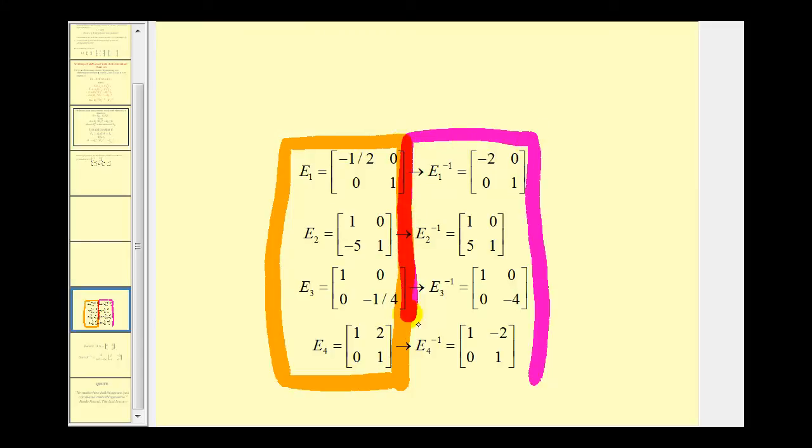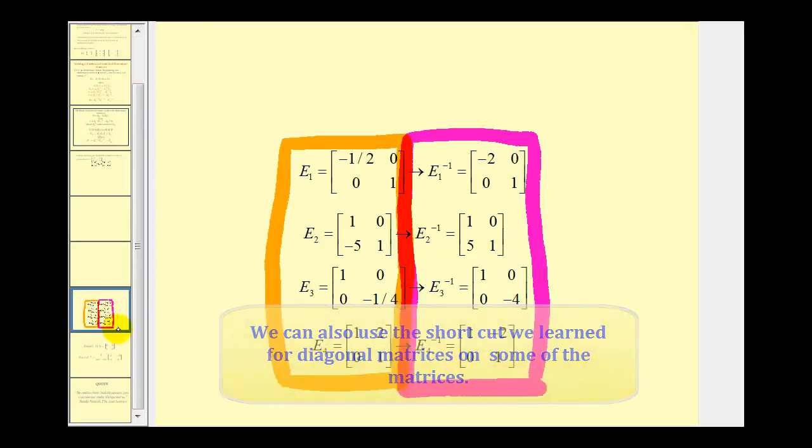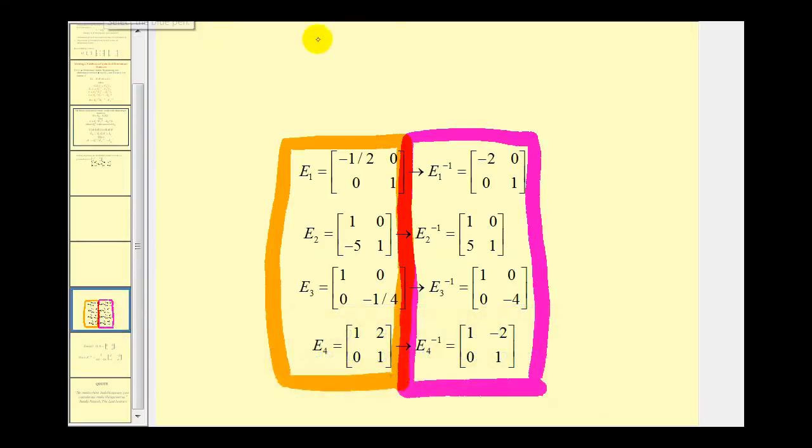And since the given matrices were 2 by 2 matrices, remember, we can use this shortcut here to determine the inverses of the 2 by 2 matrices. So again, matrix A is equal to E sub 1 inverse times E sub 2 inverse times E sub 3 inverse times E sub 4 inverse.